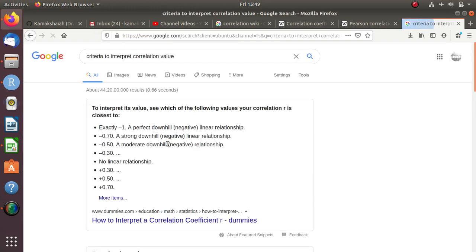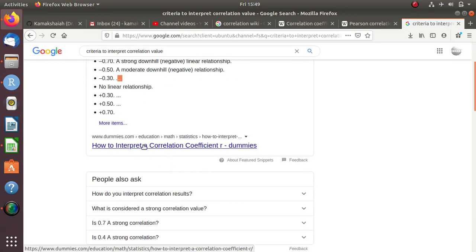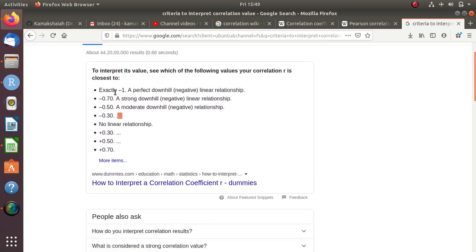So you see here, 0.7 is very strong, 0.5 moderate, 0.3 weak kind of thing. I don't need to open this link, this is sufficient for us. So anything above 0.5 is more than a moderate effect.